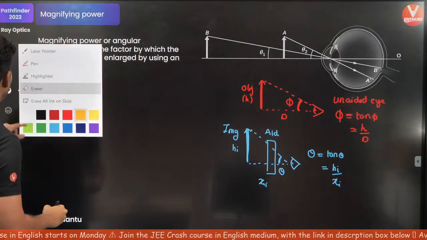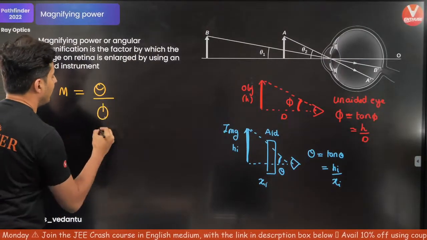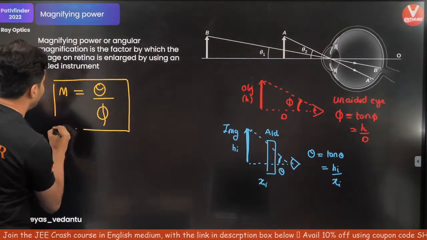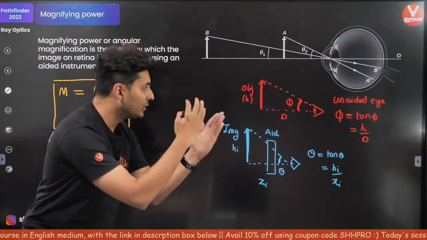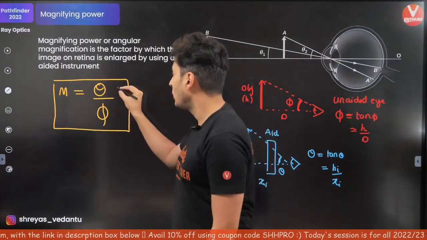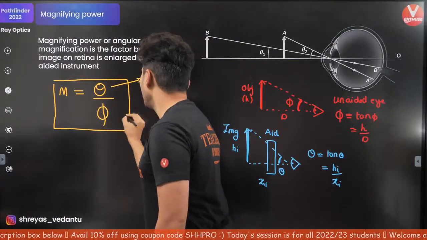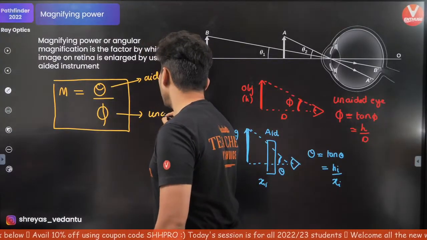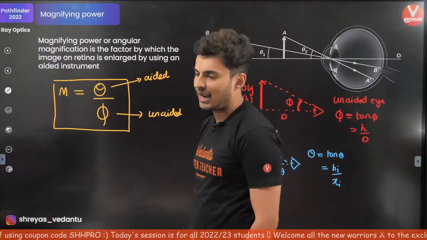This magnifying power will be theta divided by phi. Theta is for the aided eye, so that means it will be more. Phi is for the unaided eye. So this number generally should be more than 1, as simple as that.